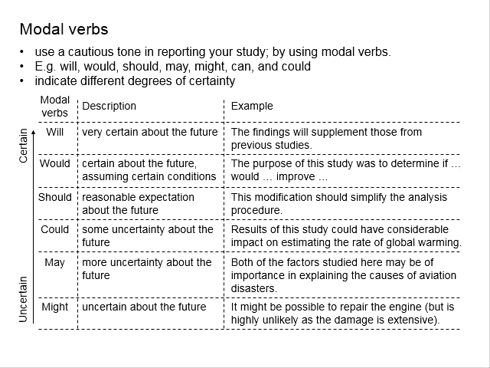That means it provides some conditions, which only when the conditions are fulfilled, the thing becomes certain. However, that particular condition may not be certain to you. And then, the finding will supplement those from previous studies. This one seems to be quite confident, and it shall happen one way or another.